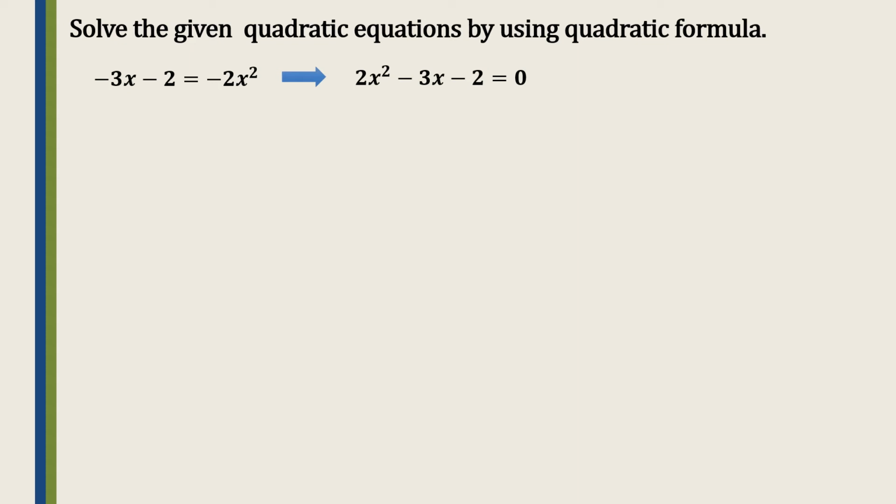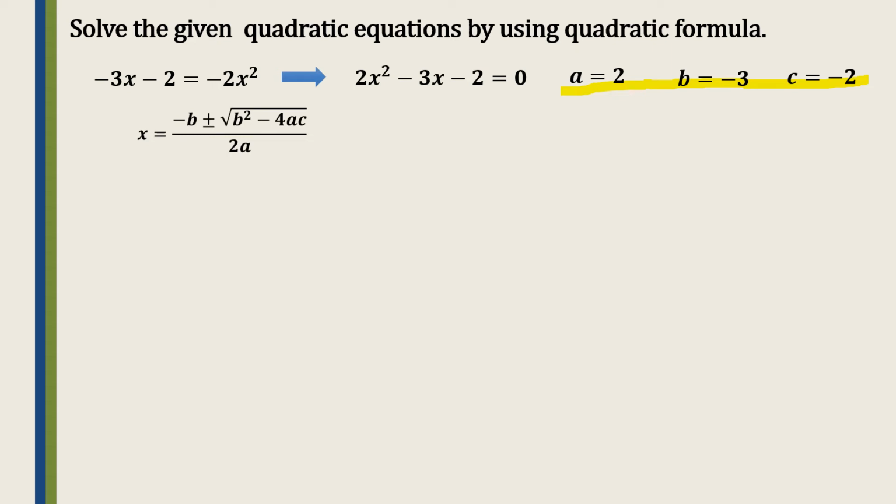Kunin natin ang value ng a, b, and c. A equals 2. B is equal to negative 3. C is equal to negative 2. Gamitin ulit natin ang values ng A, B, and C sa formula, quadratic formula.